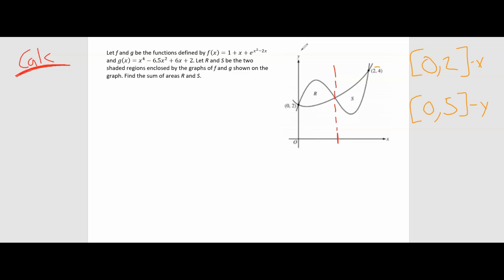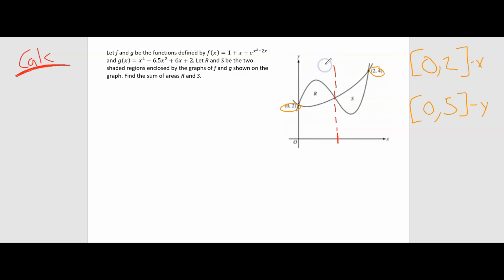Again, I'm just getting that from these points, which will give you a better picture of what's going on and which function is which. So pause the video, go ahead and do that. That'll tell you which function is which on your graph, and then we can go from there.